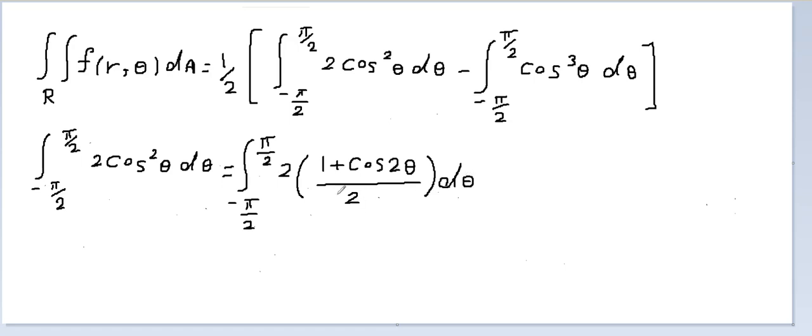Now this 2 by 2 simplifies, so we have the integral from minus pi over 2 to pi over 2 of 1 plus cosine 2 theta d theta.